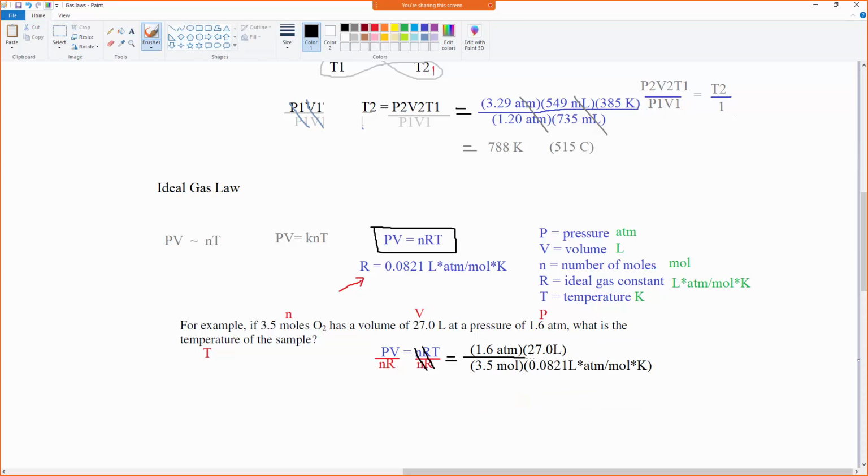And then if I'm watching my units, hopefully you guys will see my atmospheres are divided by atmospheres and my liters are divided by liters. And here the moles are on the bottom, so these moles are divided by those moles. And what I end up with is 1 over K.